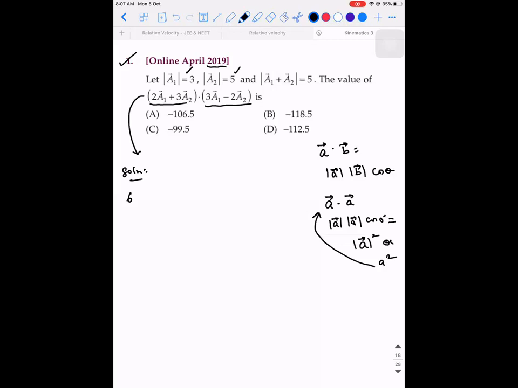It is 2 into 3, that is 6 into, can I write it as a1 vector dot a1 vector, minus 4 into a1 vector dot a2 vector, plus 9 into a1 vector dot a2 vector, minus 6 into a2 vector dot a2 vector.